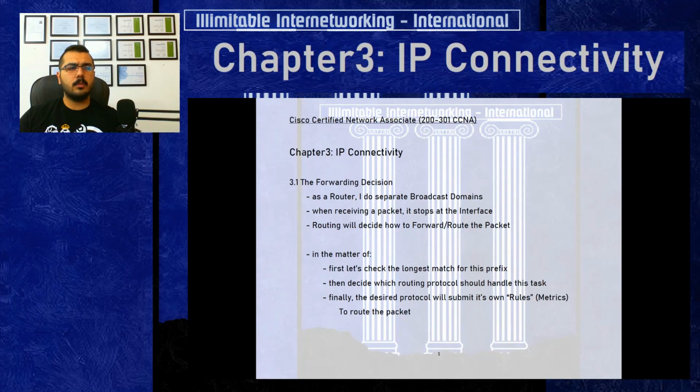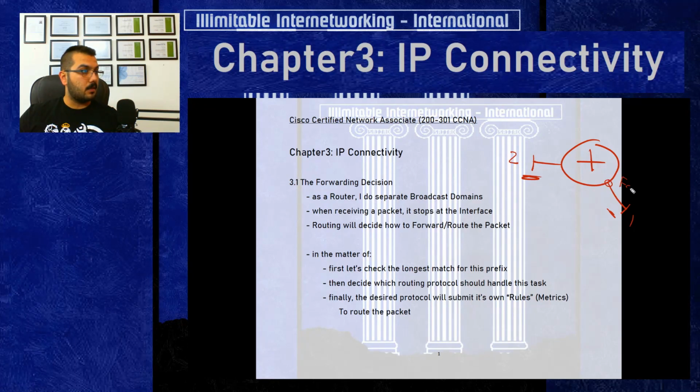The second one will be to use routing protocols to route the packet from device number 1 to device number 2. Okay, so device number 1 that I'm talking about is this is a router and it's connected to two devices, number 1 and 2. So it's connected to this interface.